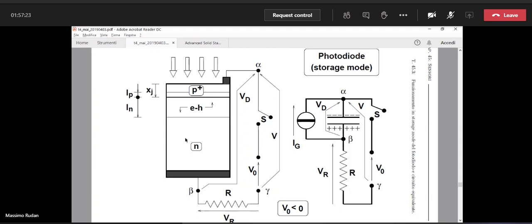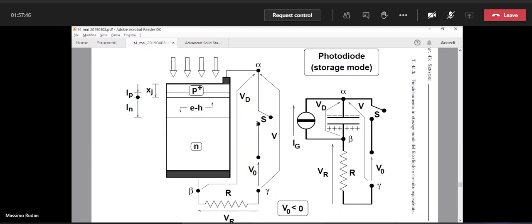When the integration time is finished, we close the switch. Okay? When we close the switch, a much larger amount of charge with respect to the case of continuous mode flows through the external circuit.